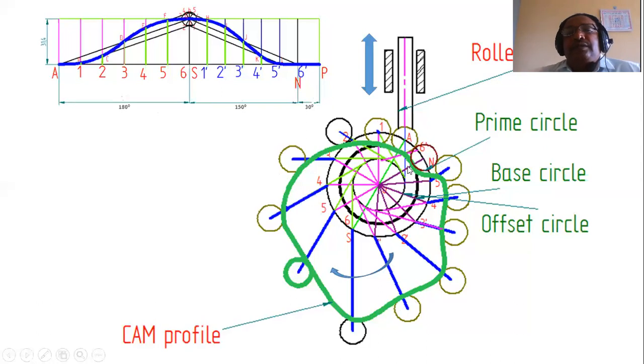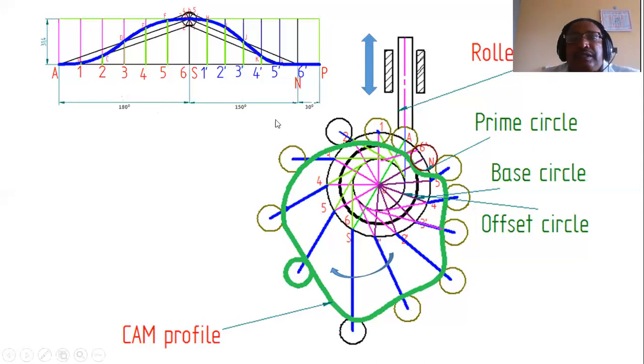After you get the points, from point A, taking the radius of the roller, draw a circle from the point at the end of this blue color. Draw a circle from here, from this point, from this point, from this point, from here.